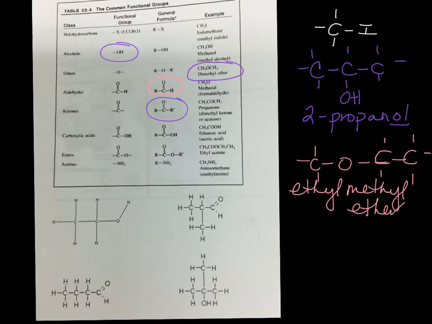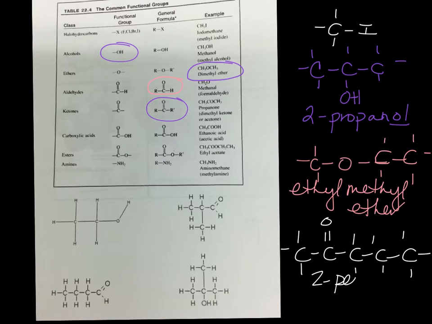However, if it's somewhere else, as in this one, you would have to tell me that this is 2-pentanone, because it's a 5 carbon chain and the double bond is on the second carbon.